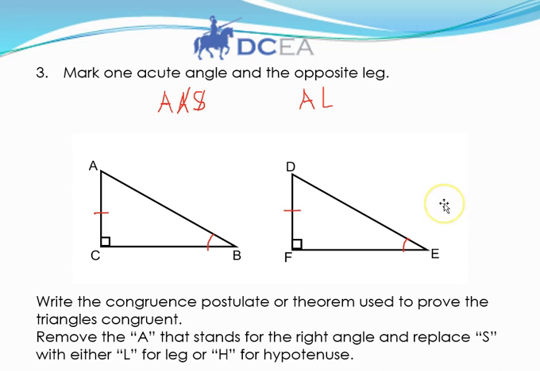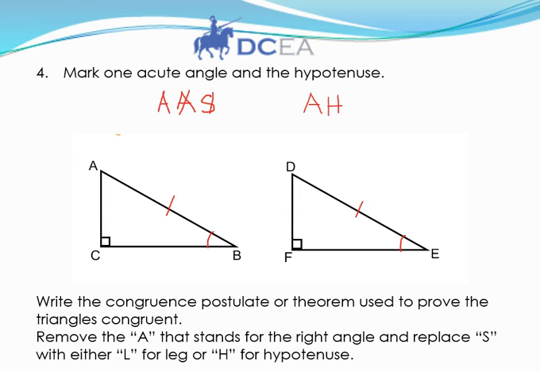For your third set of triangles, we have here angle, angle, side. So that's AAS, and if I take away the right angle and one of the sides and rename it L, we end up with AL, or in your book you'll see that they call it LA. So angle, angle, side equals LA.